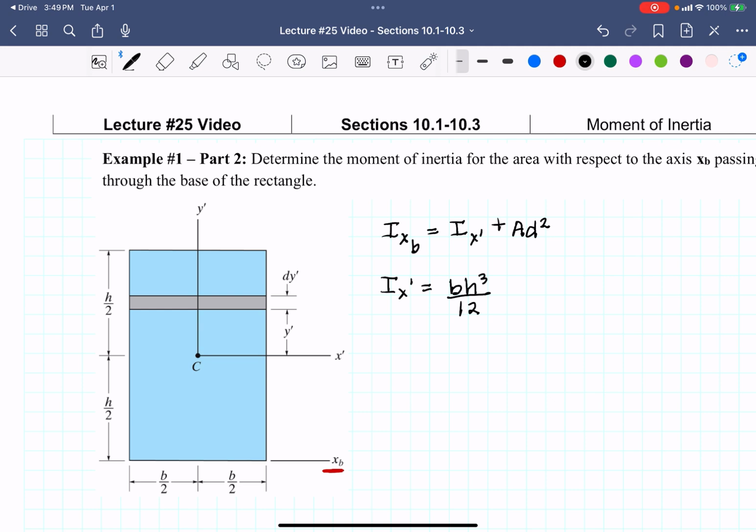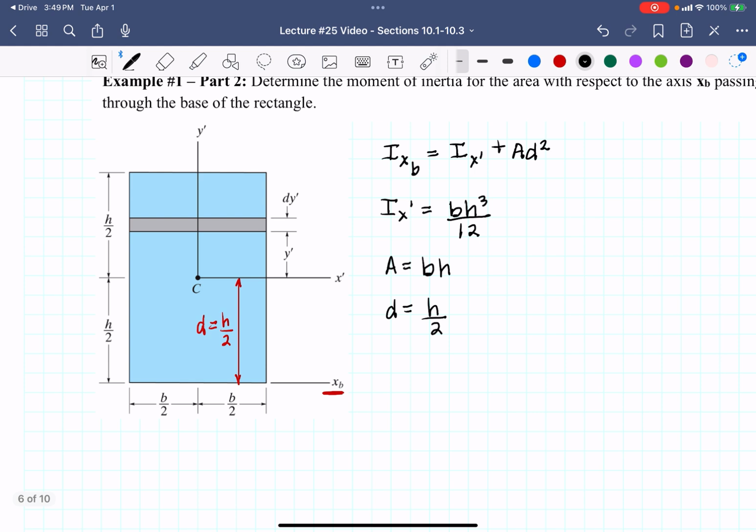Now I'm going to look at the area of the element is the base times the height, bh, and the distance to this axis, this distance is what it's looking for, the y distance, and that is going to be distance equals h over 2. So our distance equals h over 2.